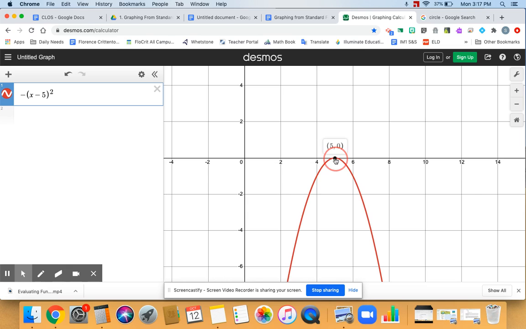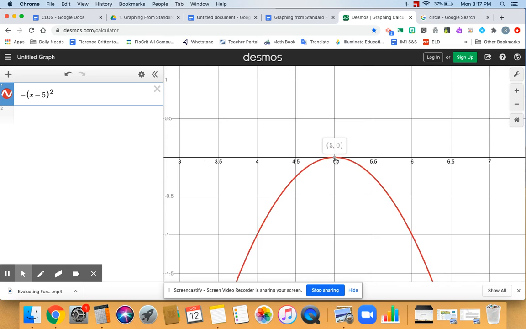The vertex is right here at 5. So on the left side of 5, if I go over 1, now I'm at 4, and at 4 the y is -1. Then if 5's at my middle and I go over 1 to 6, and I go to where my graph is, 6 is also at -1. So it's really where the y's are the same, like the y's are symmetric around the vertex.